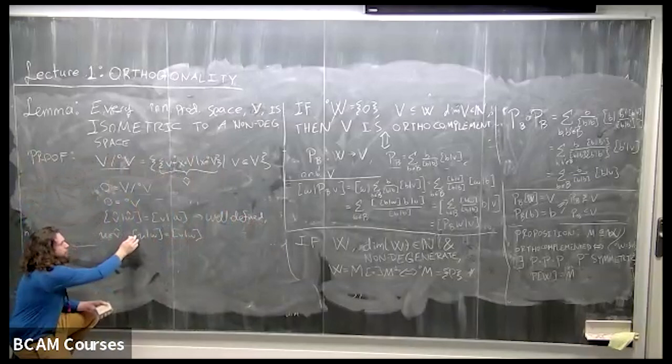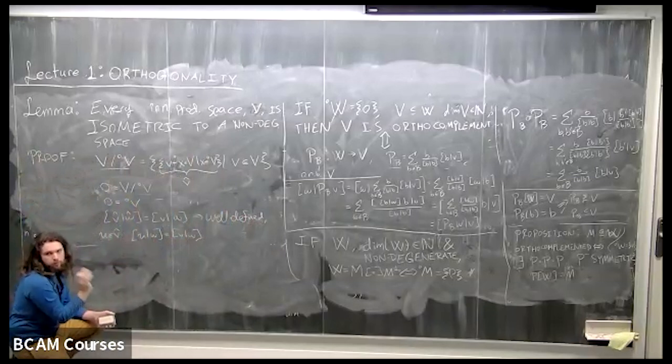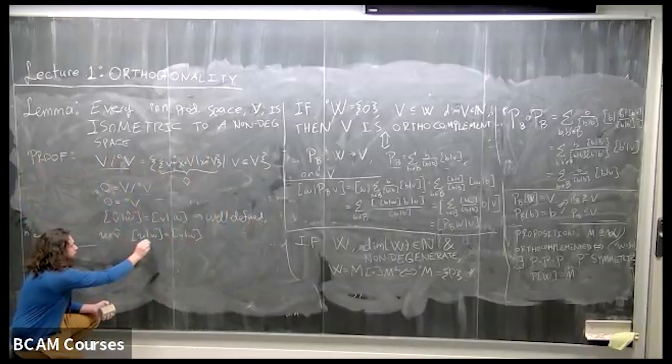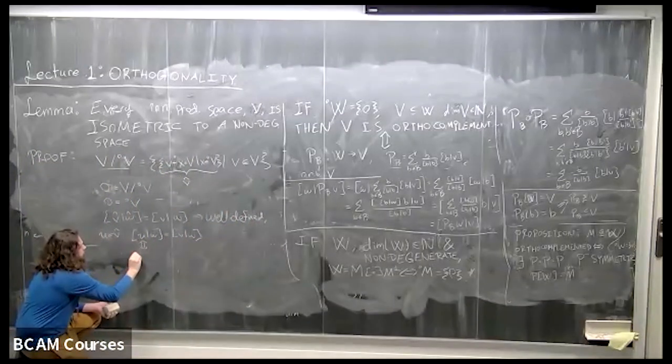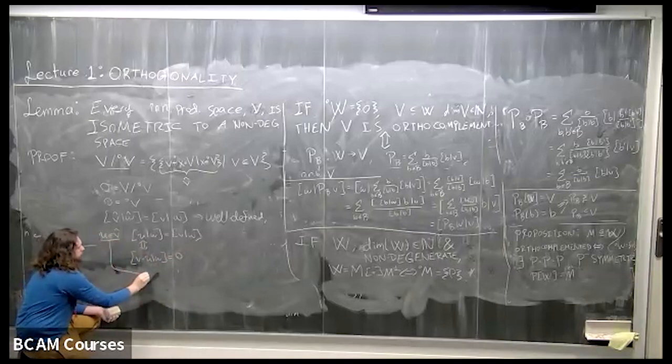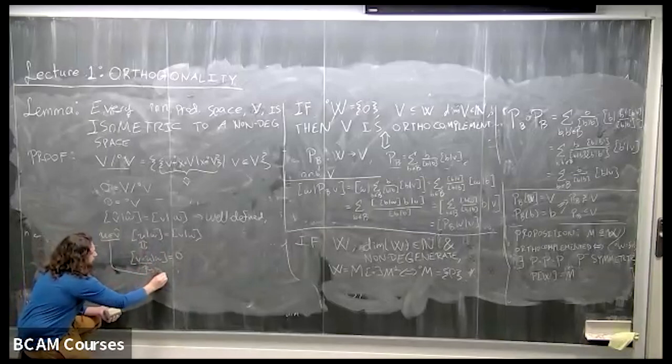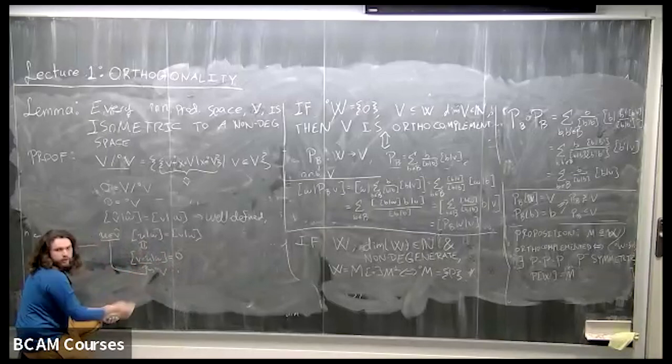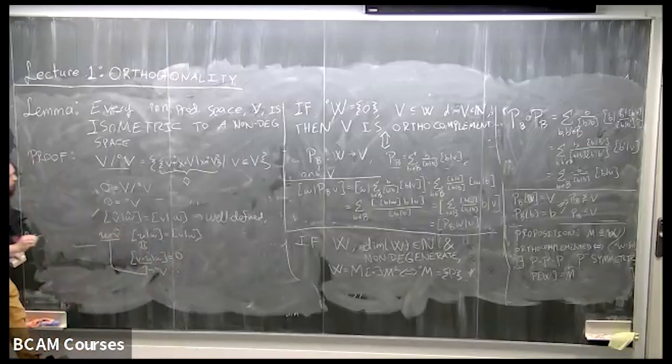And I really only have to do this for one argument, because the other argument will just follow by the symmetry property of the inner product. So this is true if and only if V minus U, W equals 0. But by definition of this, we know that V minus U is an isotropic vector. And we know that the isotropic vectors are the ones that are orthogonal to everything else in the space, so this works. So this is a well-defined inner product.